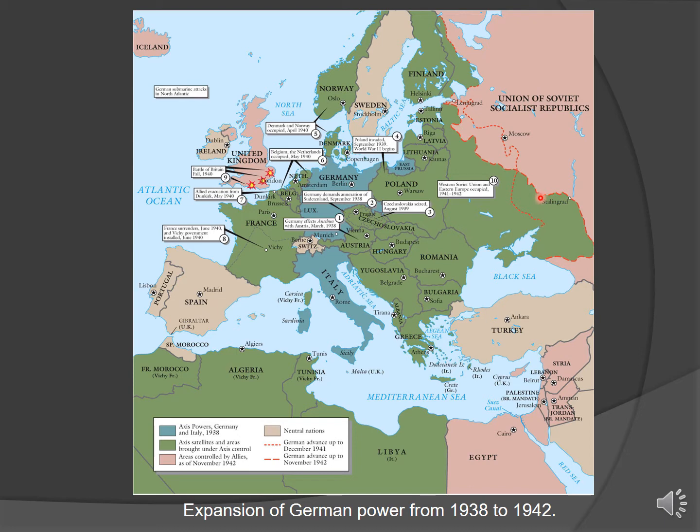Significant headway into the Soviet Union, Finland, Norway, France, and then you can see here these fire explosions. These represent battles, the Battle of Britain in the fall of 1940.